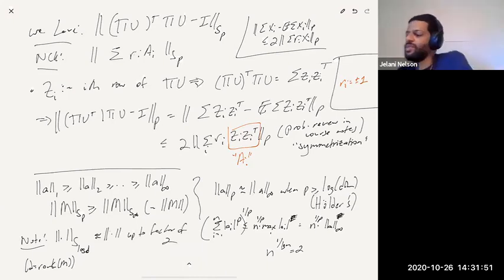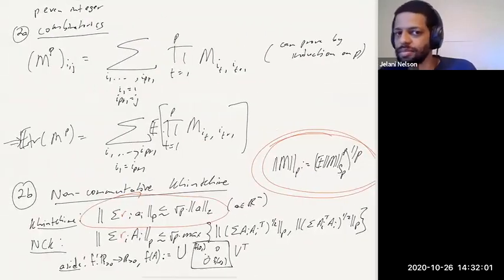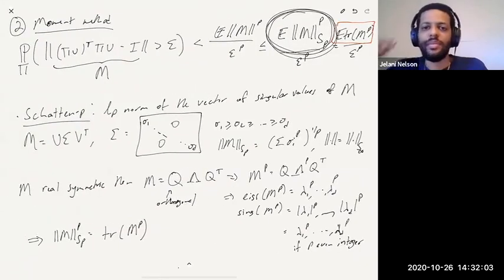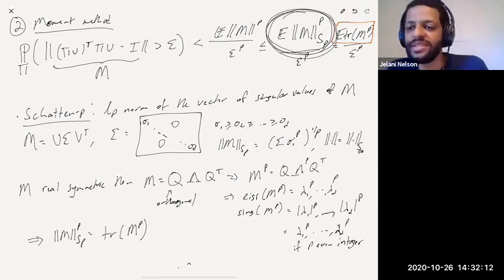So I just want to build your intuition. That's why it's a reasonable thing to try. That inequality that I did over here, bounding the operator norm to the p by the Schatten p norm to the p, you might look at that and say, okay, that seems potentially very loose. How can I hope to get good bounds that way? The intuition is, look, if I take p large enough, like log D, then the Schatten norm and the operator norm are basically the same thing anyway, up to a factor of 2.